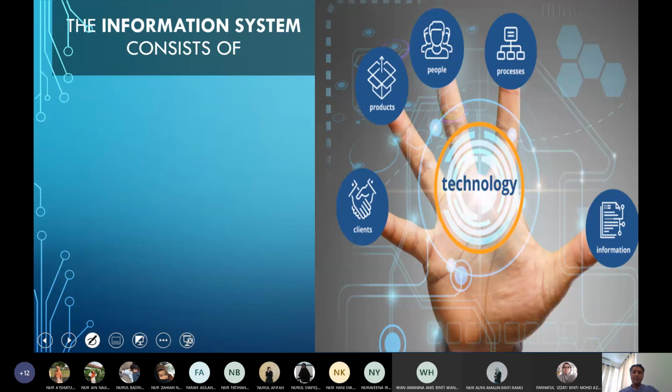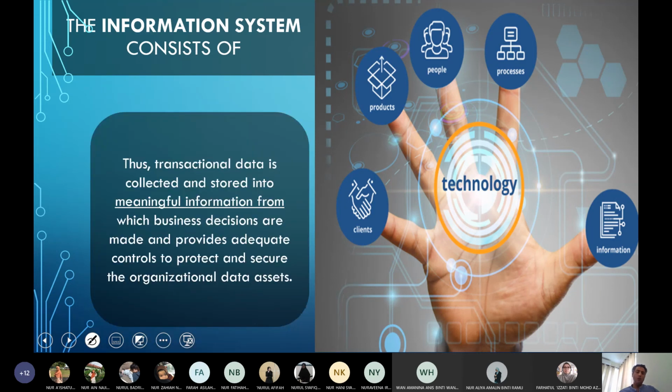The information system consists of people, whom we can call users, the client, the product, the process, and the information. The transactional data is collected and stored as meaningful information from which business decisions are made, and it provides adequate controls to protect and secure the organizational data assets.